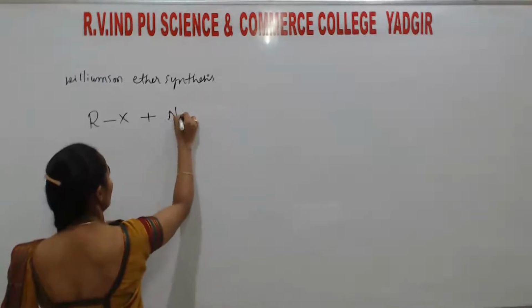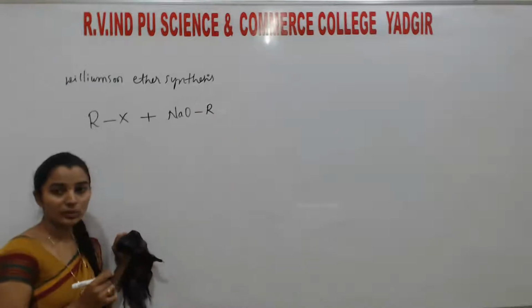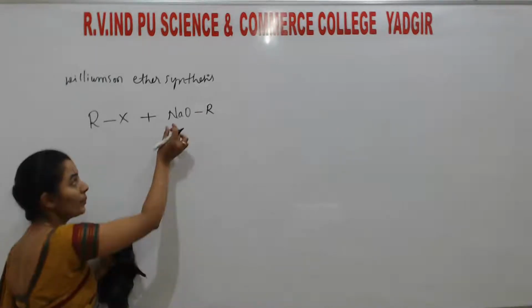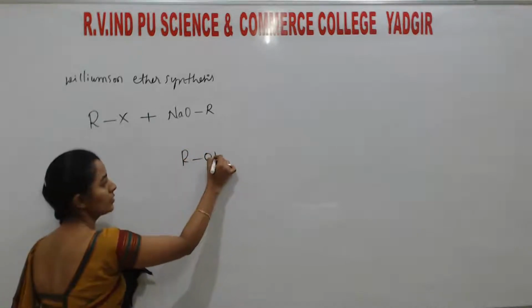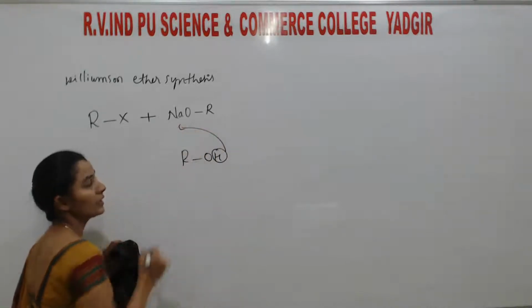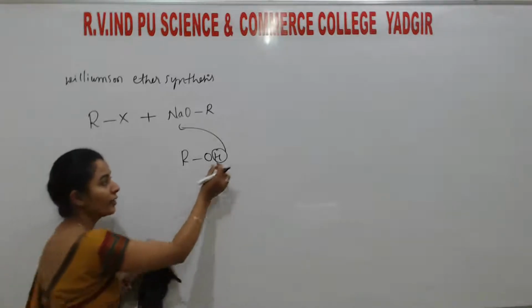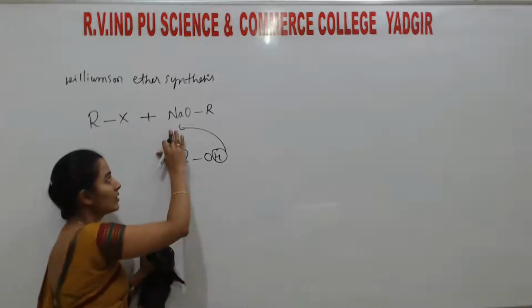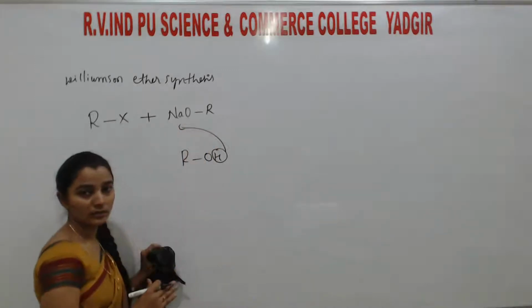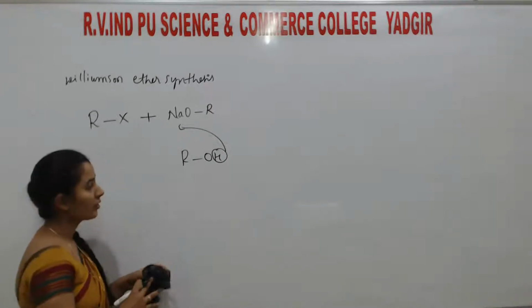This is NaO-R, sodium alkoxide. In the place of H, like ROH, H is replaced by Na. Okay? So if hydrogen is there, it is hydroxy. Sodium is there, that's why sodium oxy. Okay? Sodium alkoxide. Are you getting?